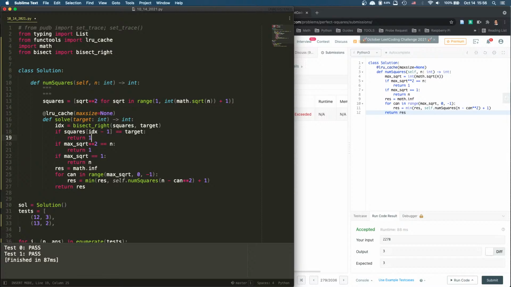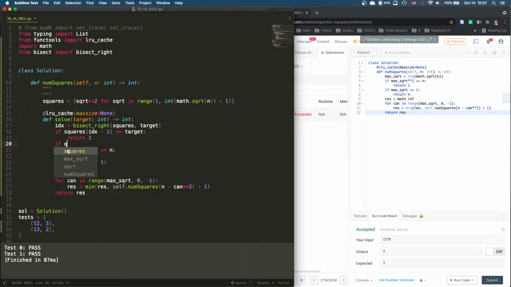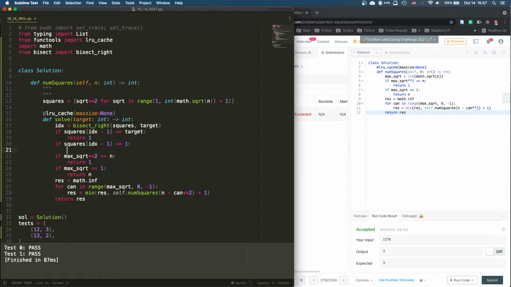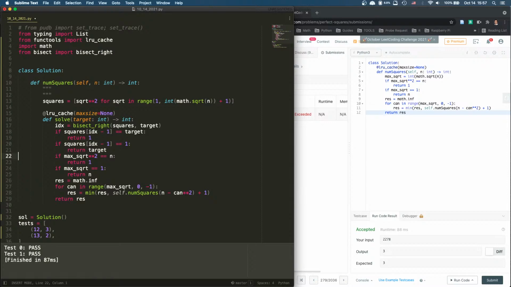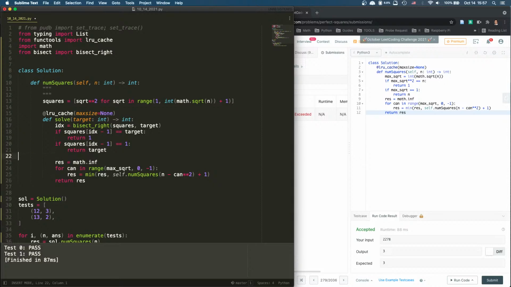If it's equal to target, we're going to return 1. And if squares index minus 1 is equal to 1, we're going to return target. So we have these two out of the way.